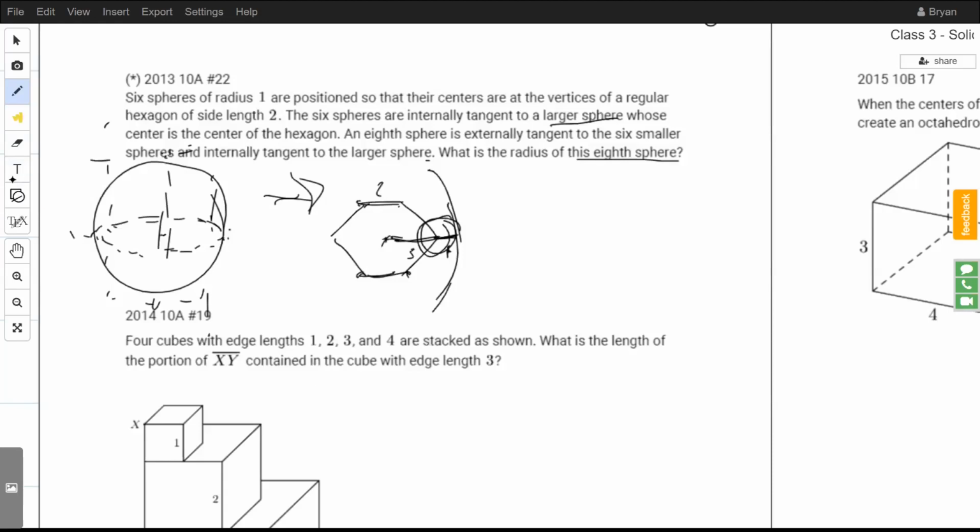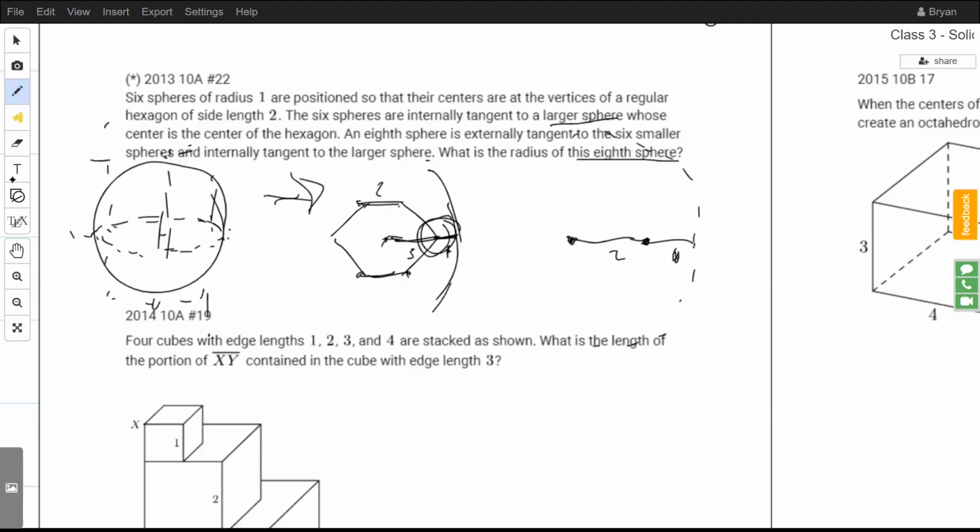If we let this point be one of the centers of a small circle, and this be the center of the large sphere, this length is 2, and then if you extend 1, this is going to be the radius of this larger sphere.